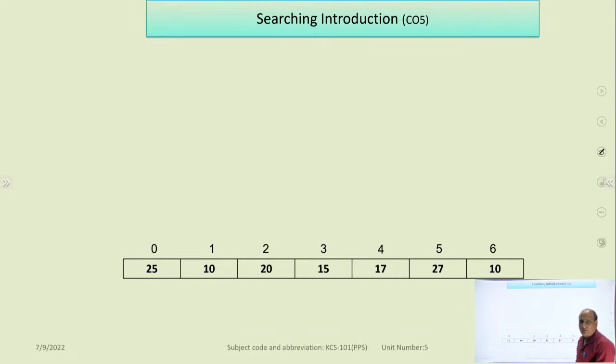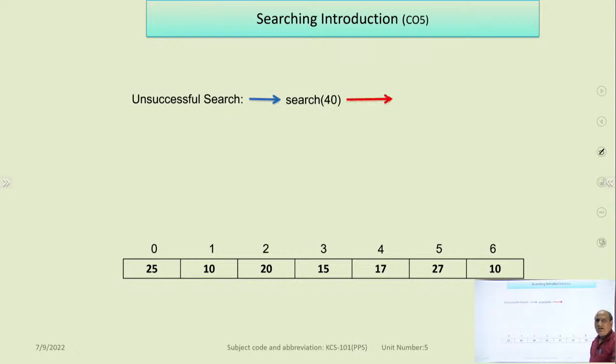For example, if we are given this set of data and we want to search whether 40 is available in this data set or not, we will keep on checking and comparing.